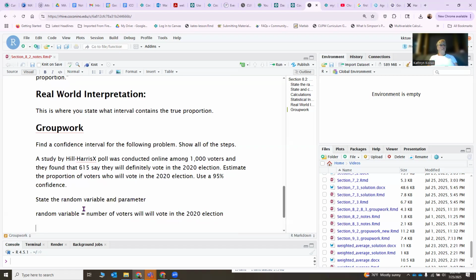And your parameter is the proportion of voters who will vote in the 2020 election.